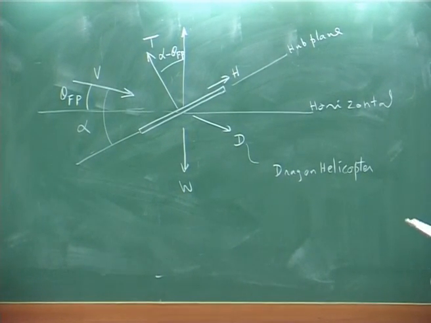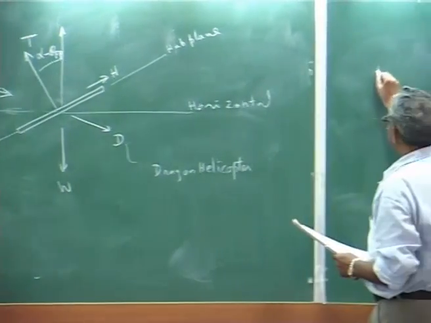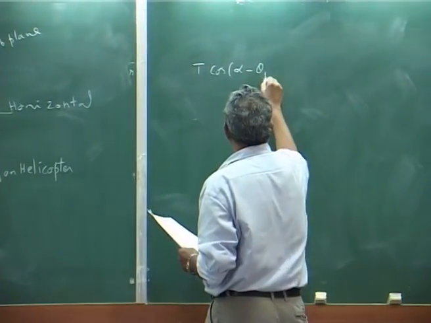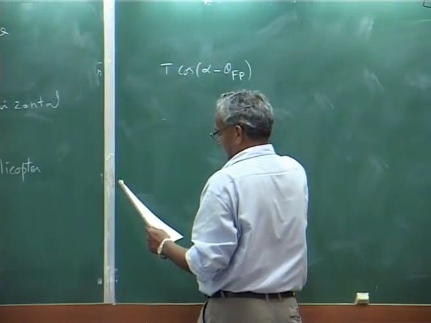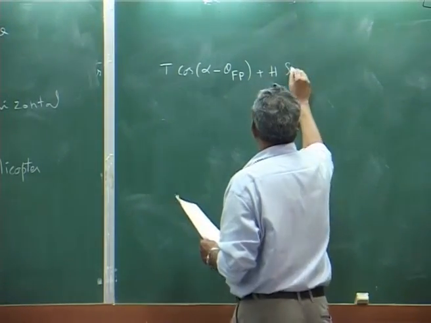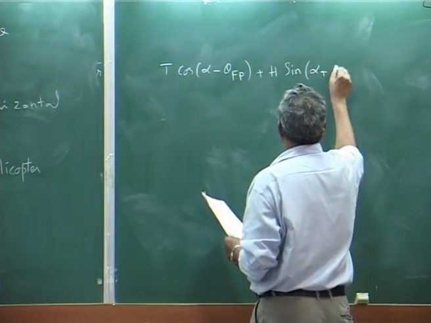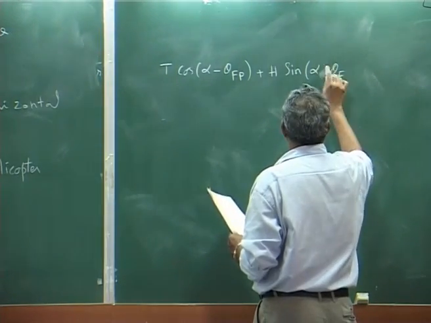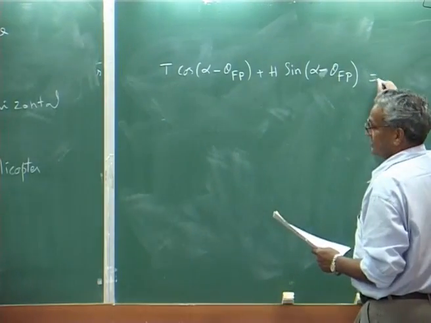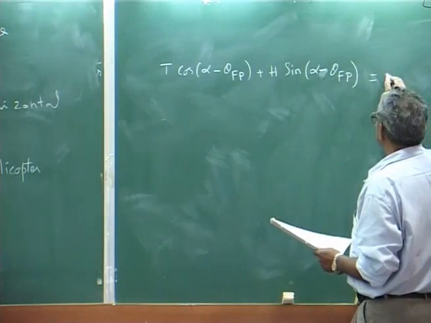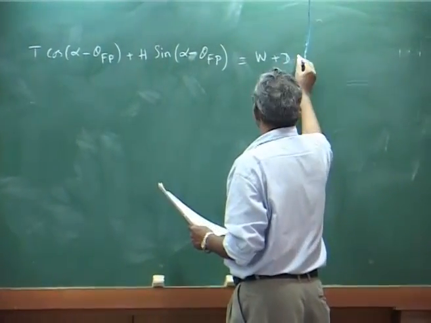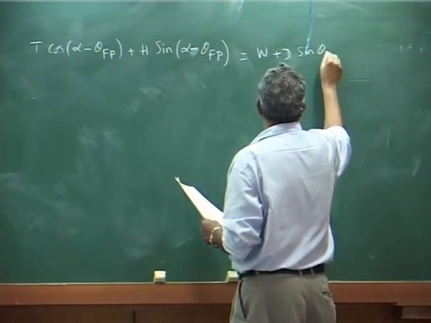So, let us write the equilibrium in the vertical direction: T cosine theta f p plus H sine alpha minus theta f p equals W plus D sine theta f p.